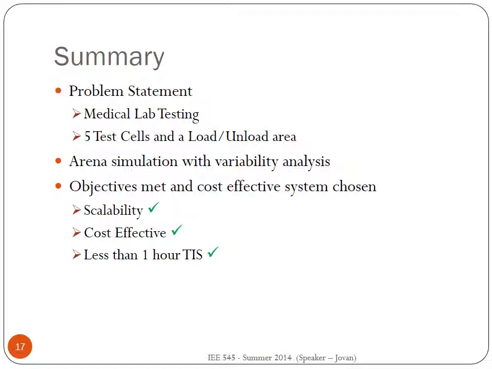We used ARENA to simulate and variability analysis to optimize the number of testing units per cell to maintain the throughput time per unit sample, as well as optimize the cost of the total system. So our objectives were met, and a cost-effective system was chosen based on this analysis, which shows that we can effectively simulate for scalability, cost-effectiveness, and maintaining sample time throughput.